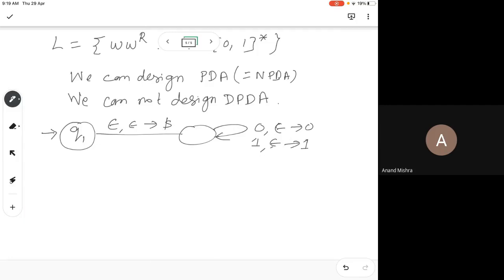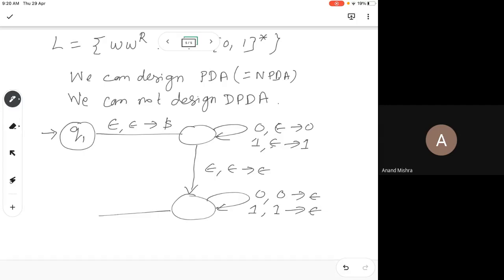Then if there is 0, we will erase 0. If there is 1, we will erase 1. And if there is nothing left and there is a dollar, we will go to the final state. So this is what we have already seen.